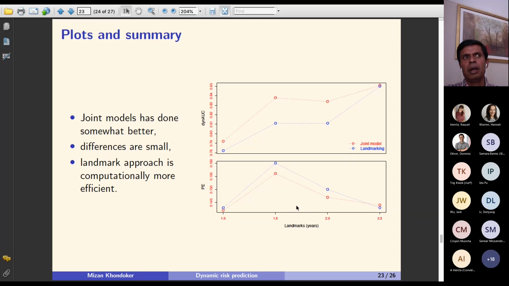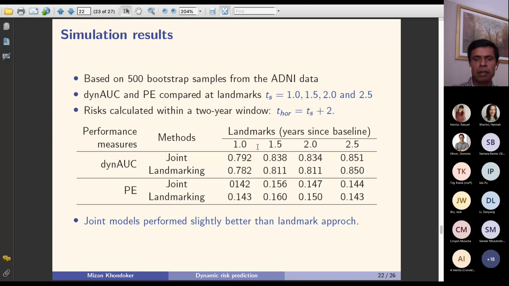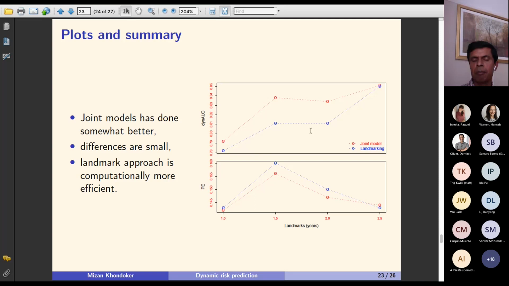Although you can see very little data here, the 500 bootstrap samples took ages on high performance computing using parallel computing, because fitting a joint model on 500 data sets and doing dynamic prediction is highly computation intensive. But in terms of gain, it is not that much.